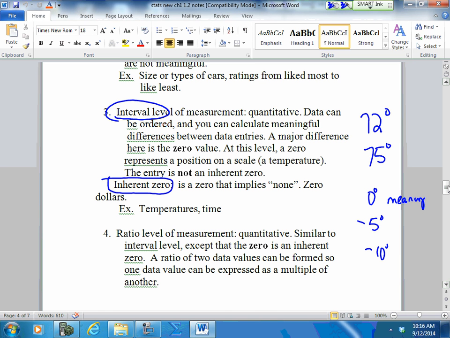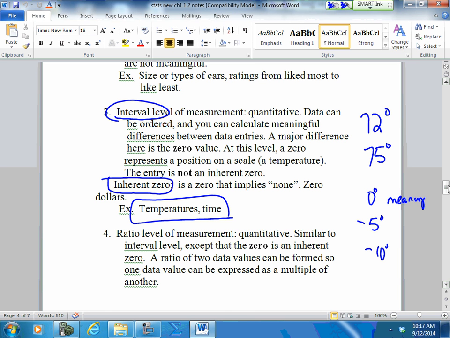That is an actual value, 0 degrees. In a ratio, a zero means I have none. No books, no pencils, nothing. So that's a difference here. If your zero has meaning, you're probably in an interval. Time and temperature are two very good examples.